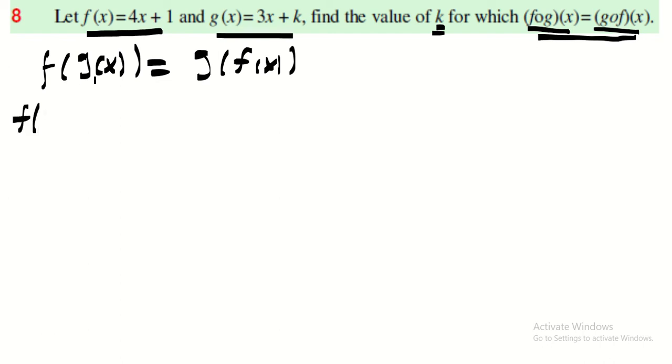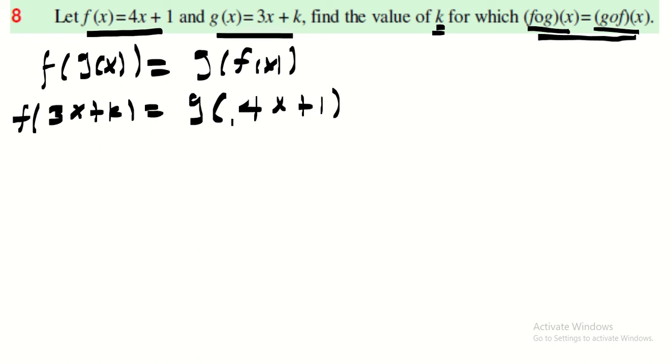It means f of what's g of x? 3x plus k must be equal to g of what's f of x? 4x plus 1. Then f, what does f do? Multiply by 4 then add 1. So this whole thing will be multiplied by 4 then add 1, because we are talking about f of this thing.